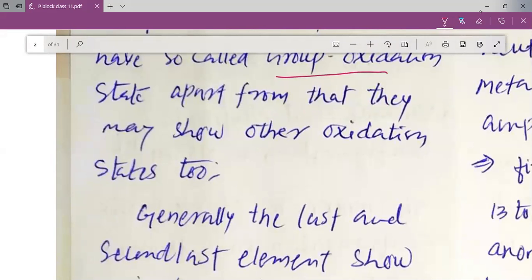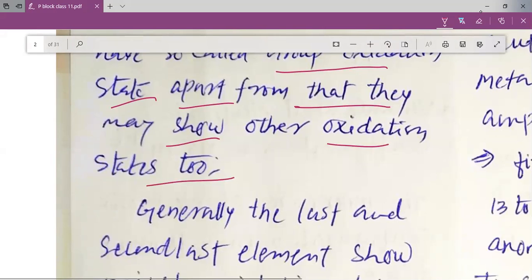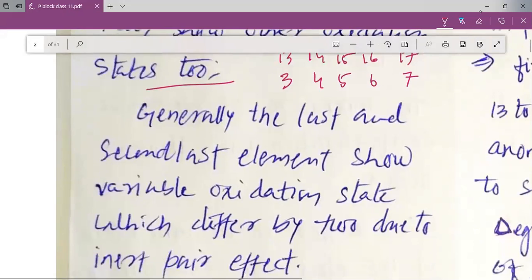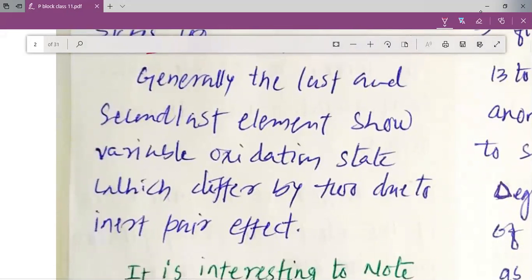Apart from this group oxidation state, they may show other oxidation states too. For group number 13, 14, 15, 16 and 17, we can write the group oxidation state as 3, 4, 5, 6 and 7. But generally you will find lots of variation in their group oxidation state, and you will see that they even show other oxidation states too.